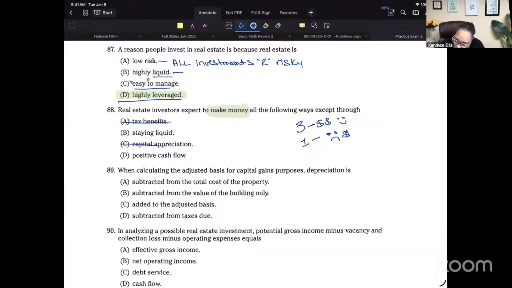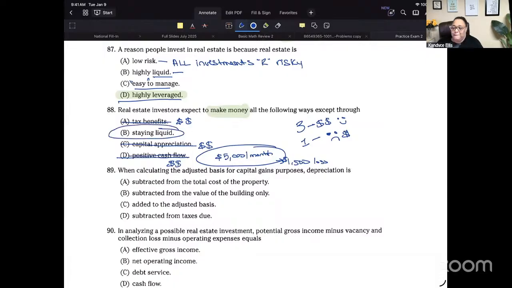And positive cash flow means the money coming in is greater than the money going out, so yeah, I'm making money. That means our answer is B, staying liquid.